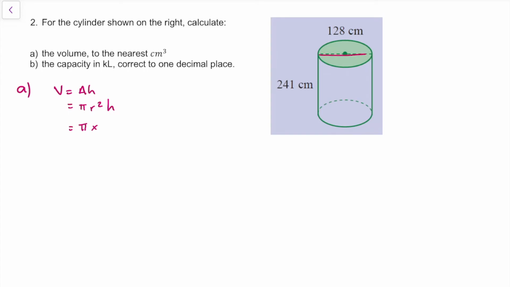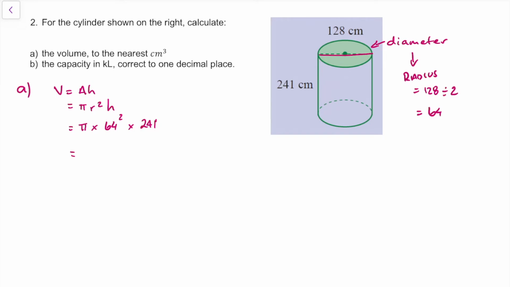Now, we have a diameter, therefore we need to halve it to get our radius. 128 divided by 2 to get our radius is going to be 64. So our radius is 64. We need to square that, then multiply it all by 241. Gets us our answer for this one.